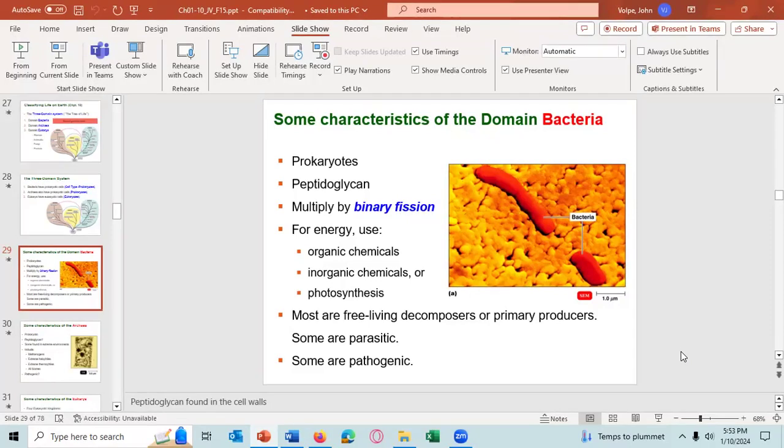They can also get their energy needs by photosynthesis. Most of the bacteria are free-living decomposers or primary producers, but some of them are parasitic and some of them are pathogenic, meaning some of them can cause human disease.